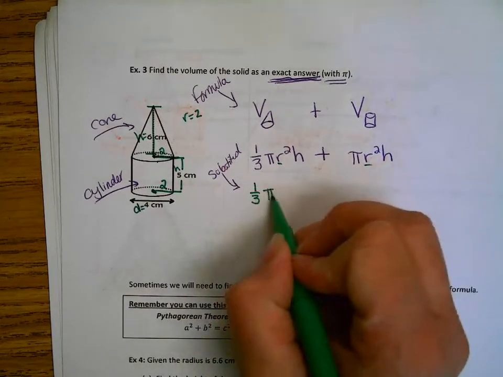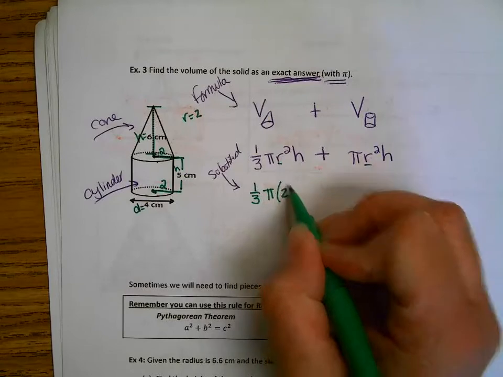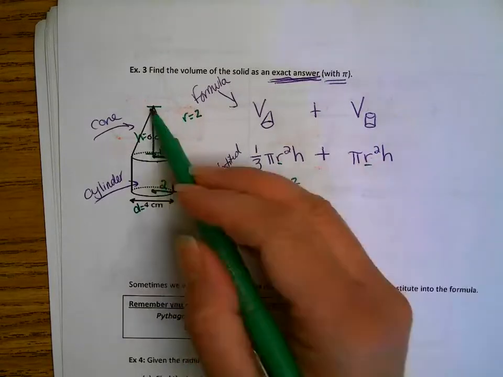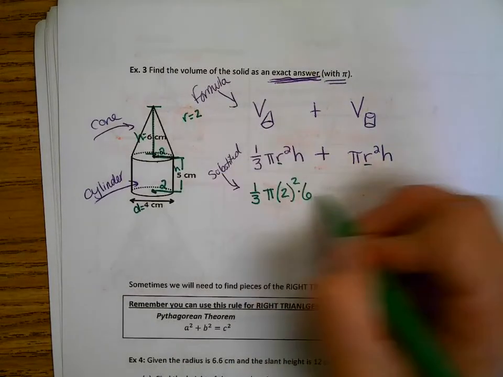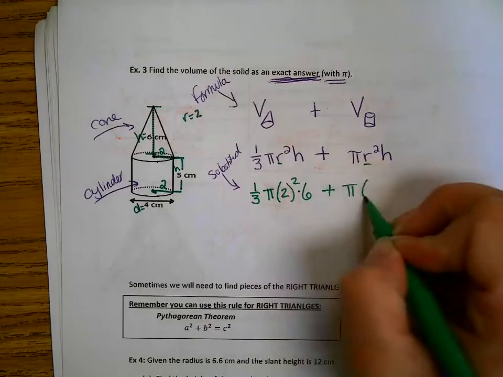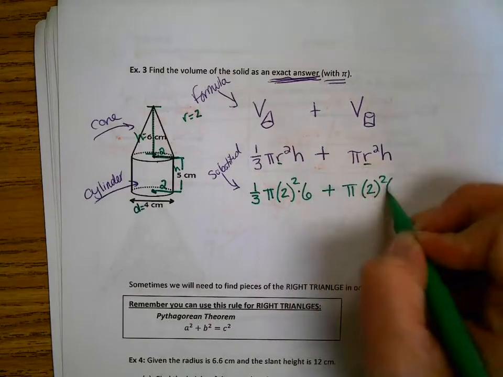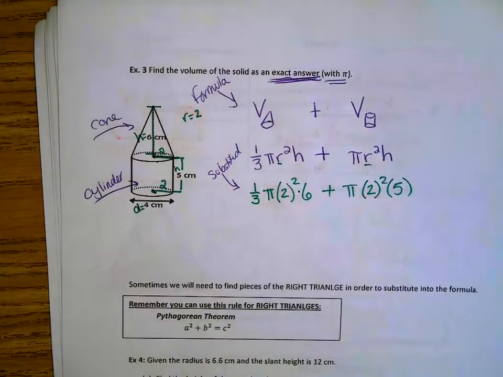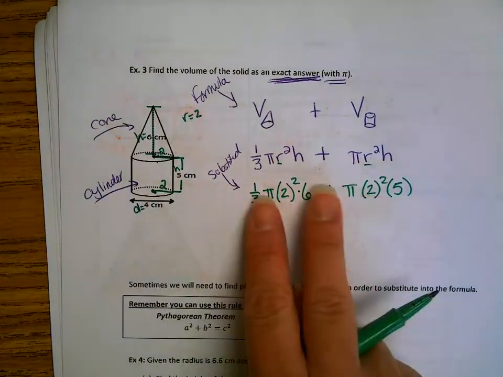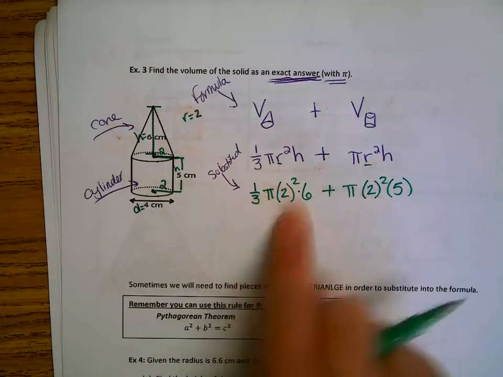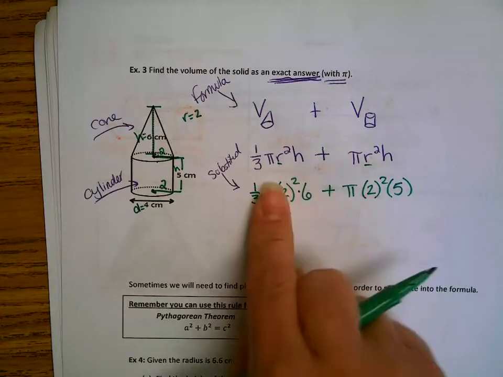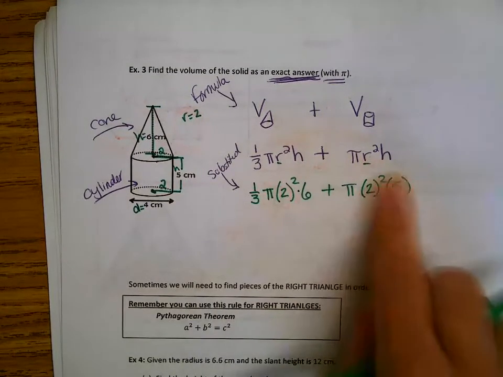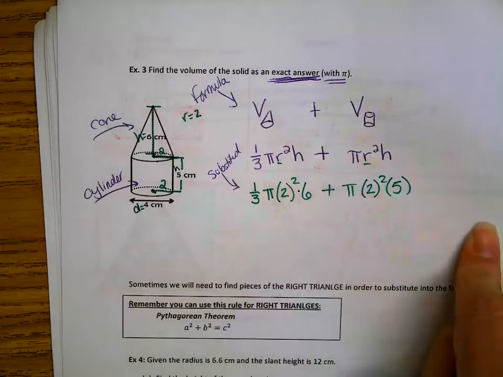So a third pi, radius is 2 squared, height of the cone is 6, plus pi, 2 squared, height of the cylinder over here is 5. I'm going to look at this as multiplying this out in terms of pi, multiplying this out in terms of pi, and then we're going to combine like terms across.